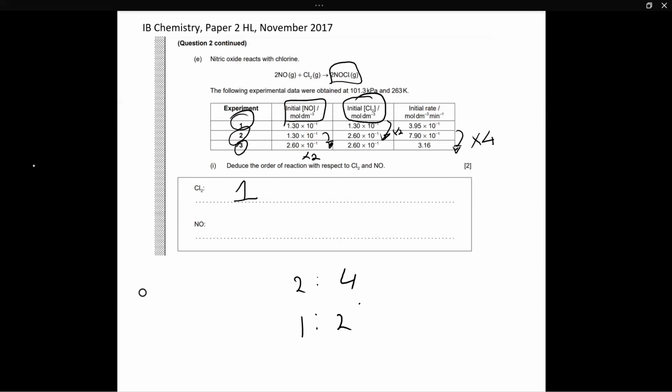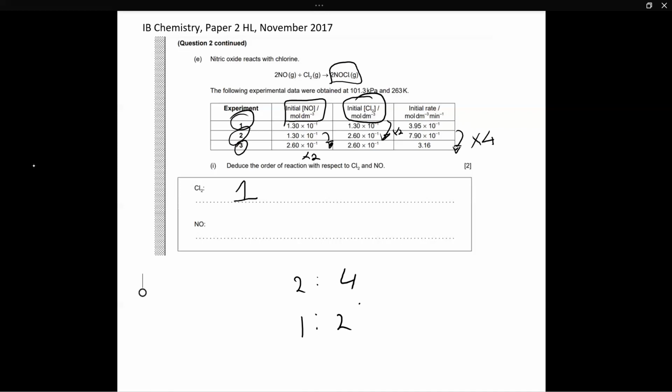So if we increased the concentration of nitric oxide by 6 times, the initial rate will increase by 12 times. If we halved the concentration of nitric oxide, the initial rate would also decrease by 0.25, because that is just the effect.